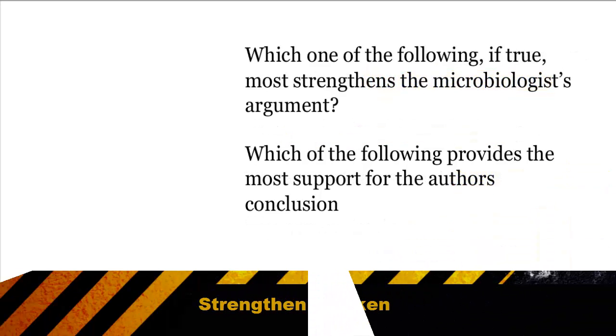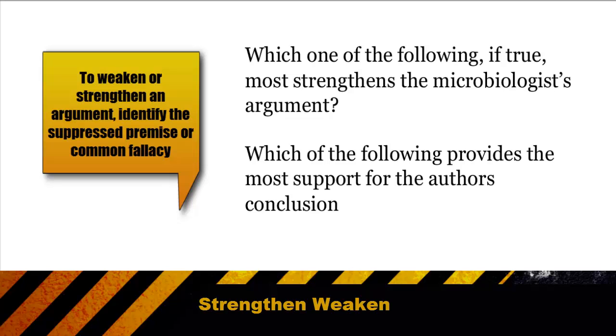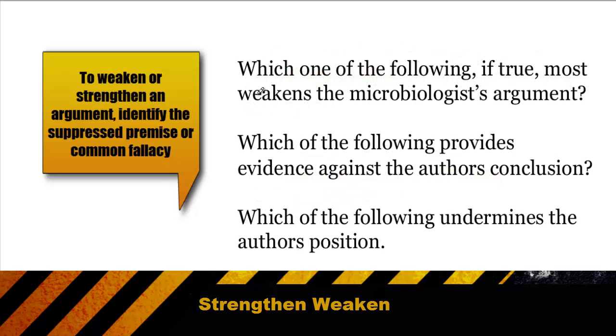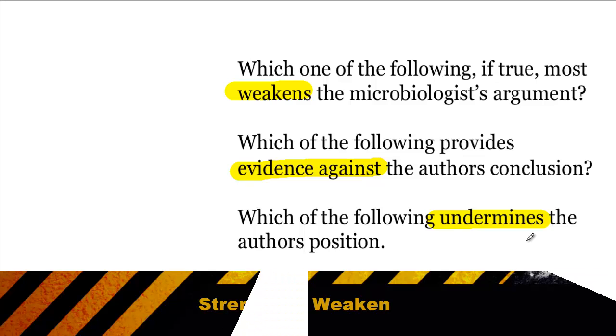A question that wants you to choose an answer that reinforces the author's line of reasoning will either ask you to strengthen or support the author. In these kinds of questions, you're usually reinforcing a suppressed premise or confirming a logical fallacy. If a question asks you to weaken or provide evidence against or undermine the author's position, then the correct answer will have something that exposes the logical fallacy or proves that the suppressed premise is not accurate.